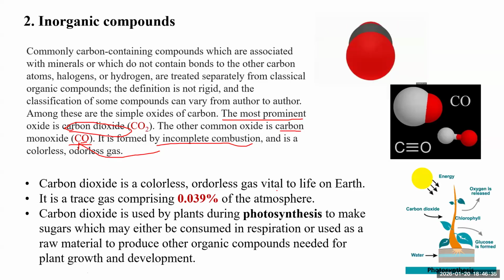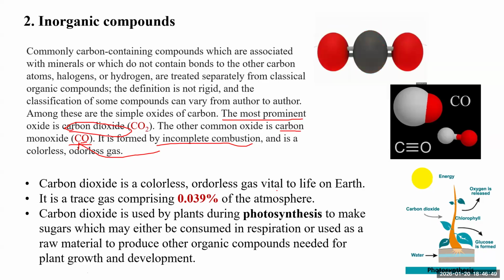That is because carbon dioxide is used by plants during photosynthesis to make sugars, which can either be consumed or used as a raw material to produce other organic compounds needed for plant growth.